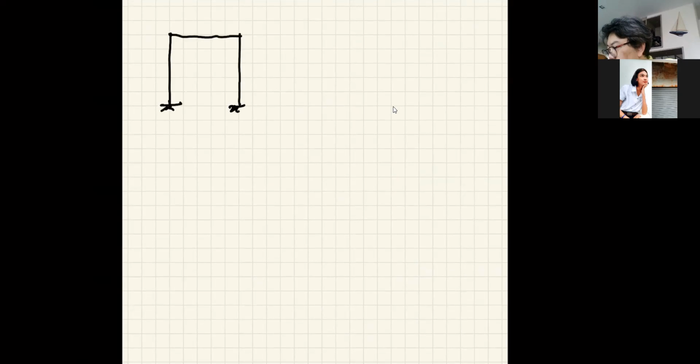This frame, if it is going to sway, the delta here will be the same, and therefore it is likely that the moment to resist the side sway should all be the same.